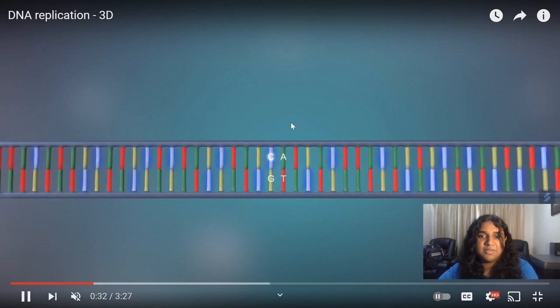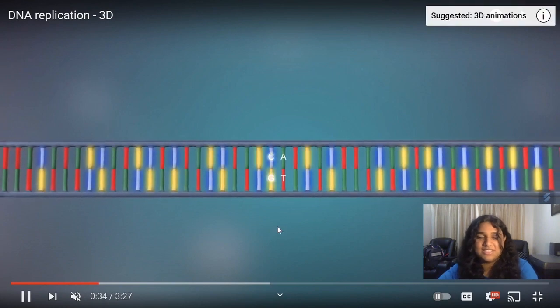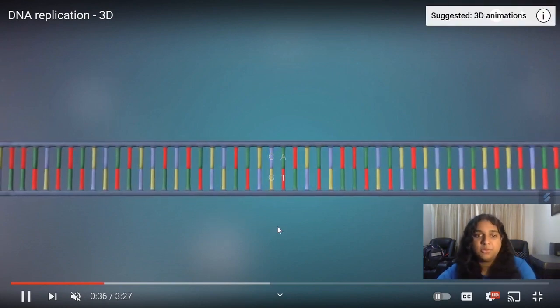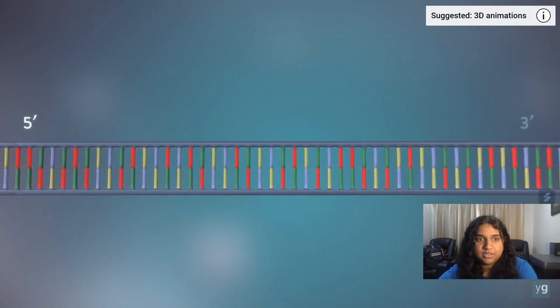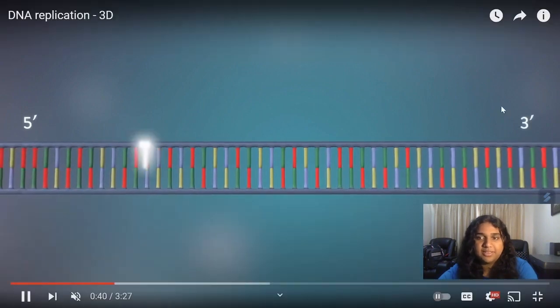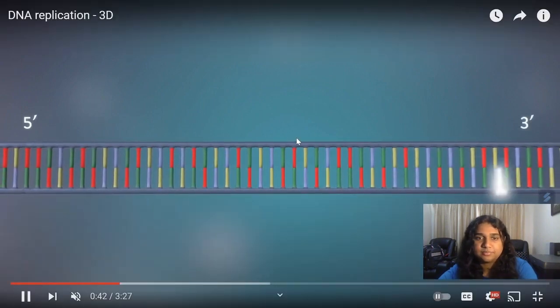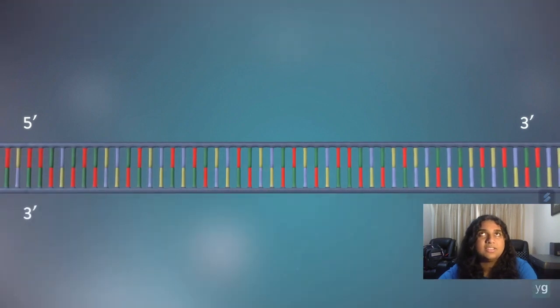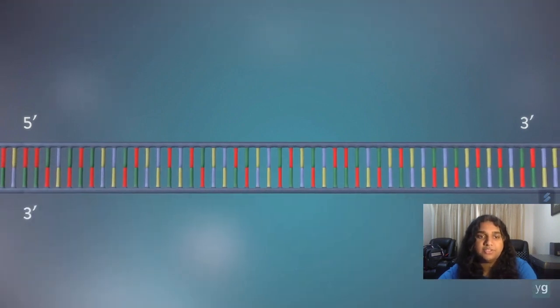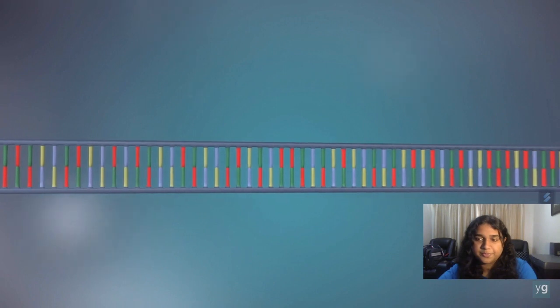Sorry, here they're just talking about how adenine bonds to thymine, cytosine bonds to guanine. So we have 5' end, 3' end, depending on what sugar the phosphate group is bonded to.